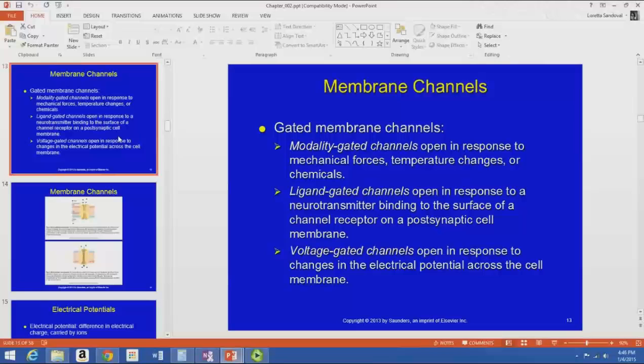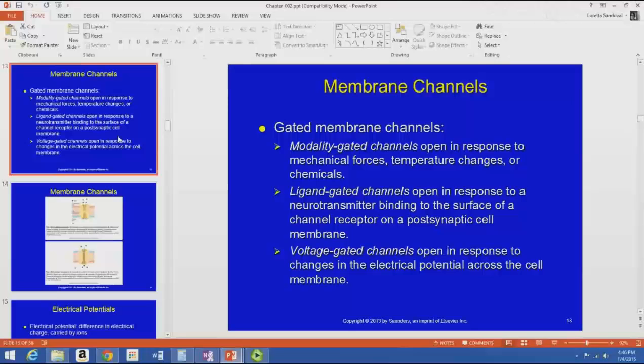Okay, the third kind are voltage-gated channels. They open in response to changes of the electrical potential across the cell membrane. So you can kind of see a little chain effect happening here. We will talk about the whole chain effect in a minute, but you'd say, hey, a modality-gated channel opens in response to a mechanical force.